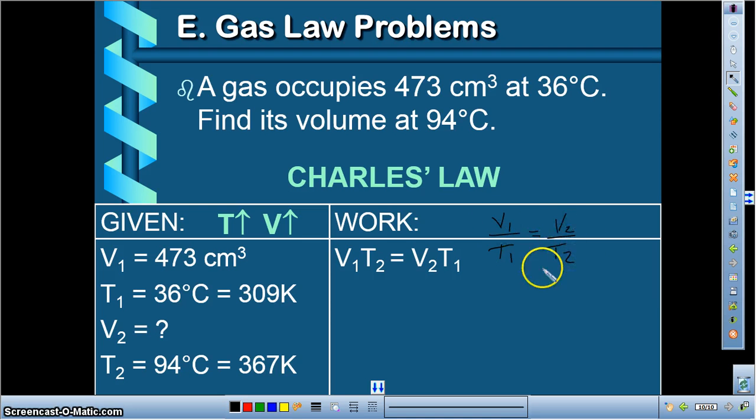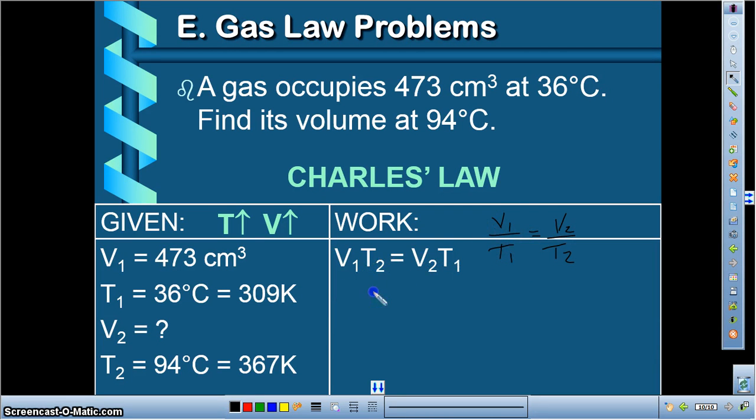And I prefer to memorize this because you'll see when we put the combined law together, it's going to be easier to remember this, I think. So all they've done, easy algebra, is to cross multiply. So T2 times V1 and T1 times V2. It doesn't make any difference. Like I said, I'm going to finish this problem showing you this way just because I think it's a little bit easier to look at.